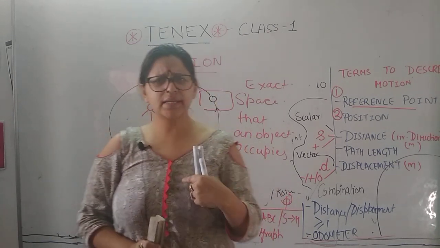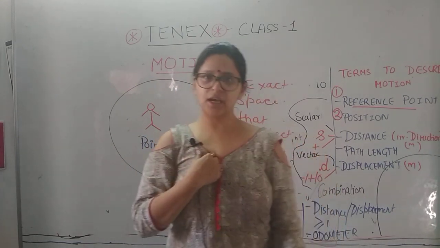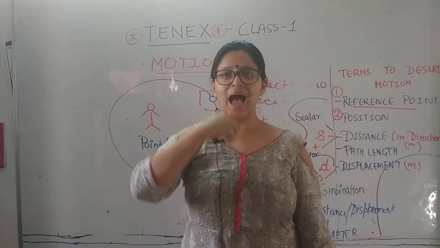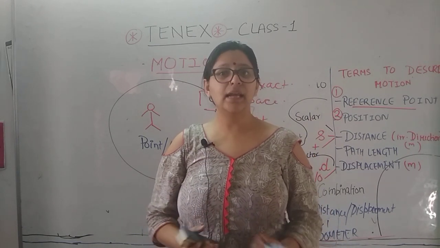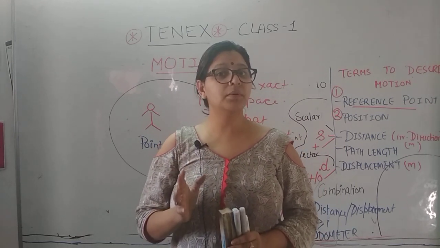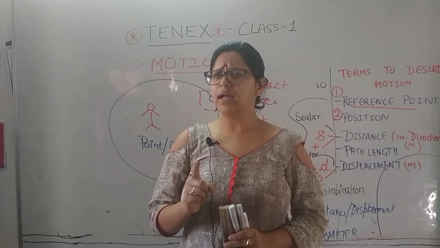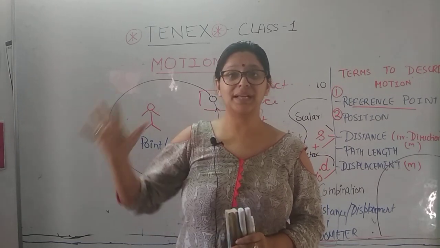So for example, if I were to define my position right now, what would my position be? My position will be: I am on planet Earth. On planet Earth, I am in Asia. In Asia, I am in India. In India, I am in Uttar Pradesh. In Uttar Pradesh, I am in Noida. In Noida, I am in sector 77. In sector 77, I am in Express Zenith.